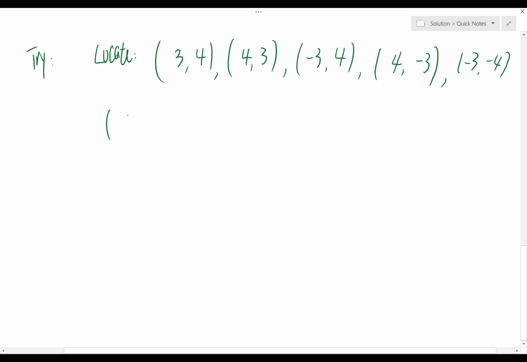And also a couple more, -4, 0. And 0, 3. So you should try this on your own, right? On a piece of paper or any program, you can try to draw this really quickly. I'll give you a couple minutes to locate all those ordered pairs.